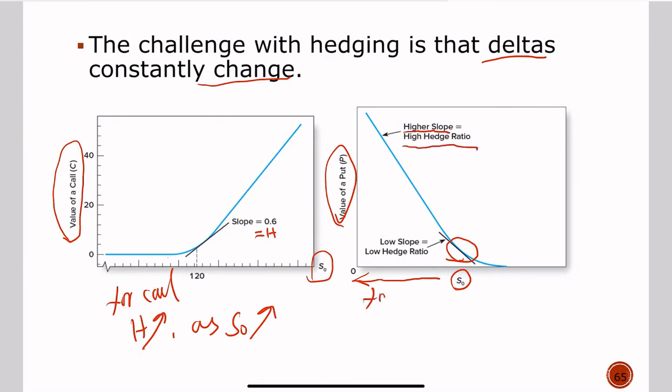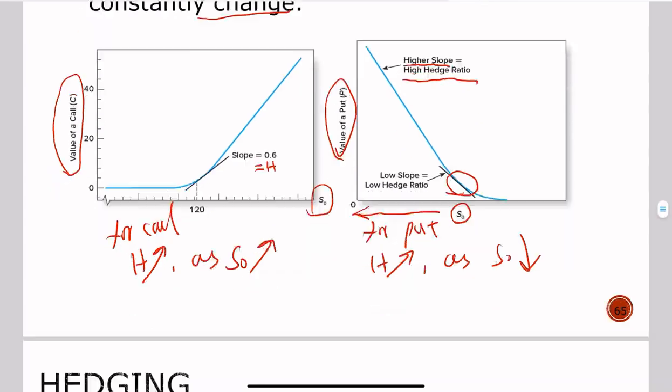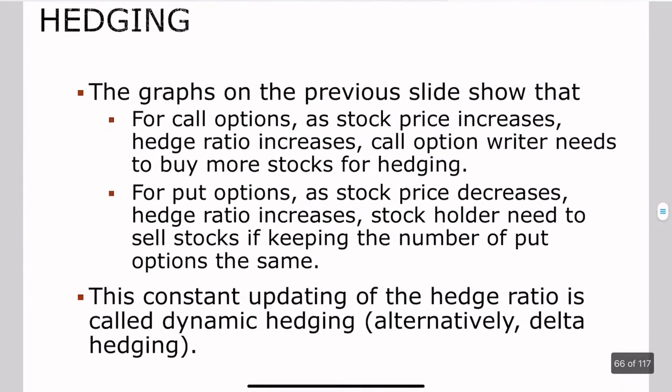So this basically means for a put, hedge ratio increases as stock price decreases. So the gist here is hedge ratio changes if stock price changes, right?